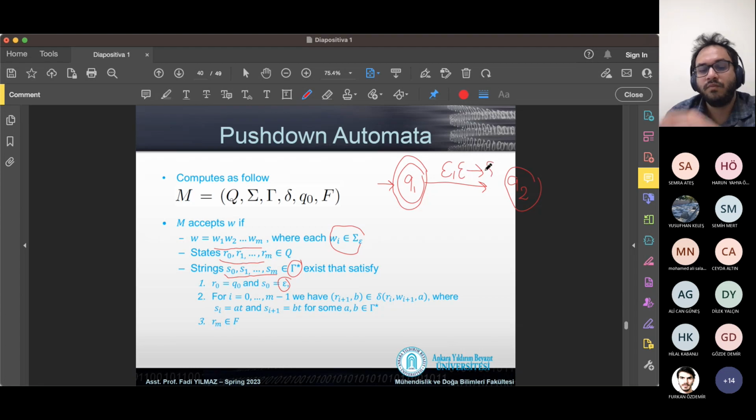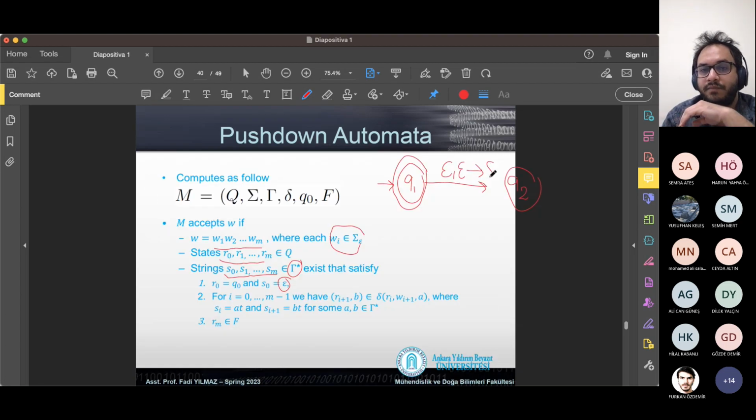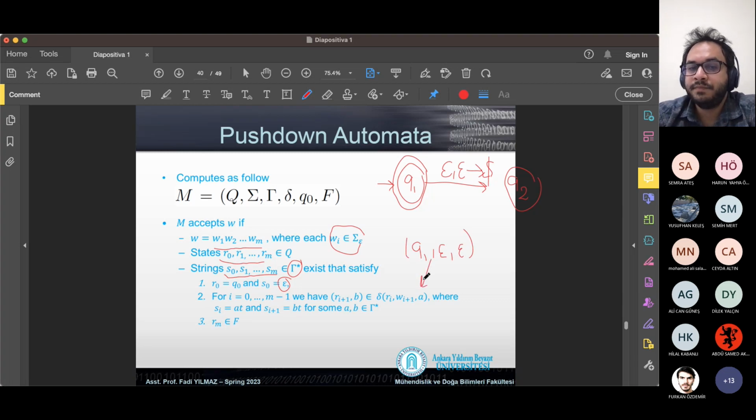Push, yeah, dollar sign. Okay, guys. So here our r0 is Q1, so we are on Q1. We are reading epsilon. On top of the stack, we have epsilon. Right, this is what it says.